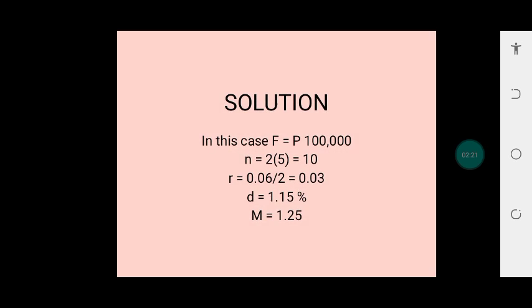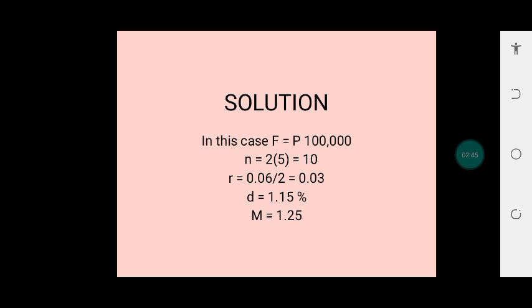So the solution, or the given. In this case, F is equal to 100,000 and P is 100,000. N is equal to 2 times 5, where 2 is for semi-annual and 5 is for the 5 years, which is equal to 10.